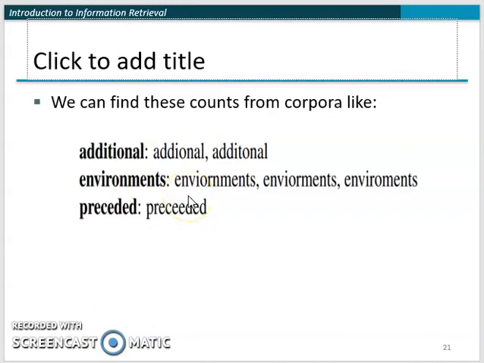To compute these counts, we need a corpus like this. So this is the correct word, and these are mistakes, which are only one edit distance away from this correct word. So we need to have a data set like this, which records a word and its possible errors. And from this, we can actually find the counts.